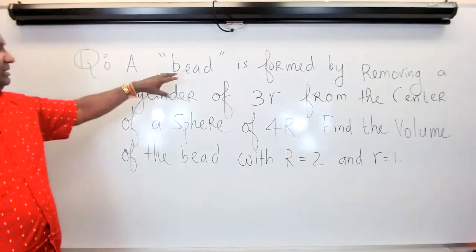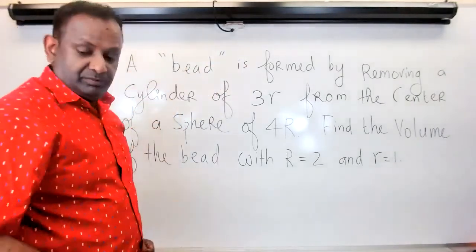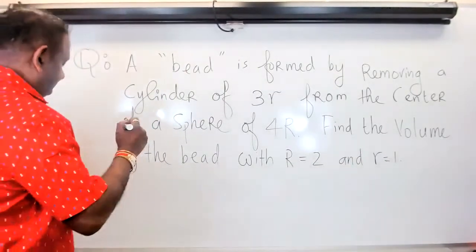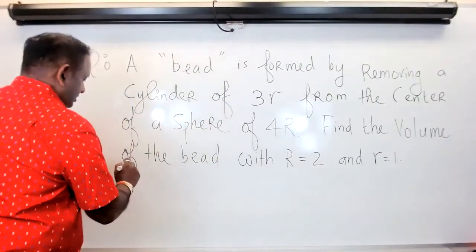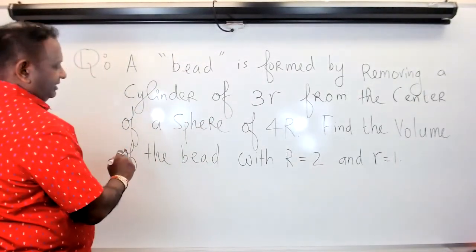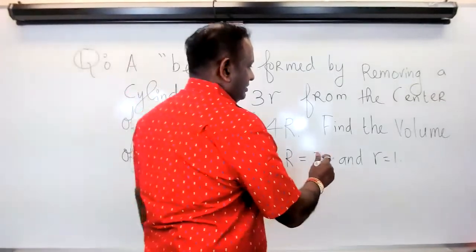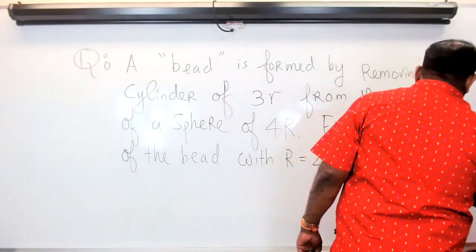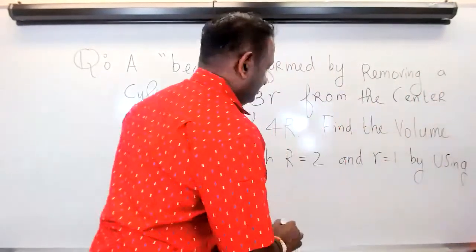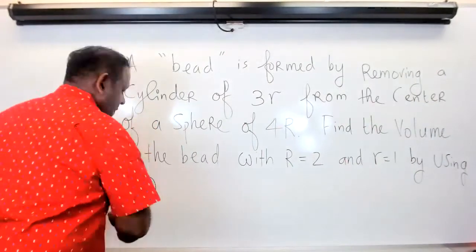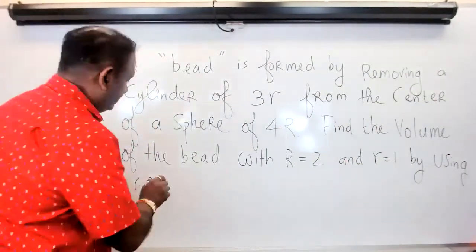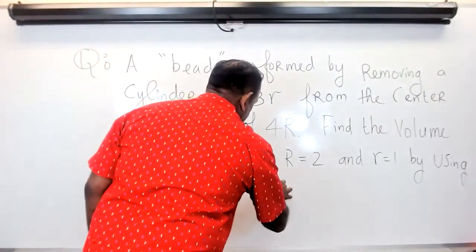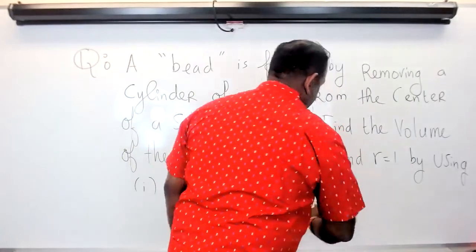Let's see, it's a bead. I have to tell two things. Find the volume of the bead by using, I'm going to add one more thing, first, the shell method, and second, the washer method.